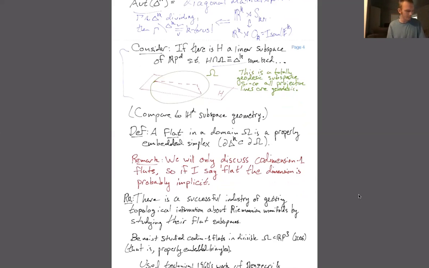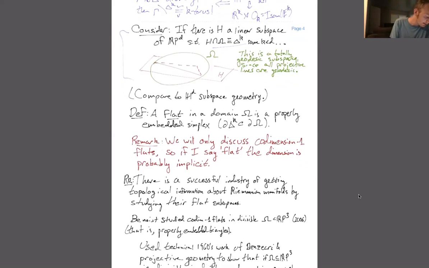So since we know that projective lines are geodesic, then in fact this is a totally geodesic subspace that is flat, that looks like a Euclidean manifold. So these domains can admit subspaces that look flat without themselves being flat, being the simplex, right? So this is an interesting phenomenon. And compared to hyperbolic space, where every slice is a hyperbolic space of lower dimension, this is sort of a new phenomenon.